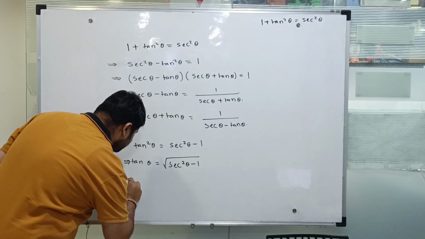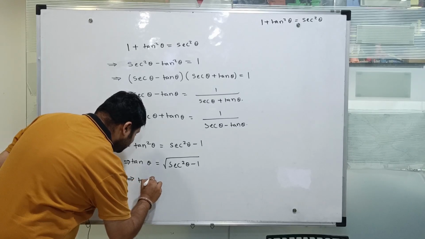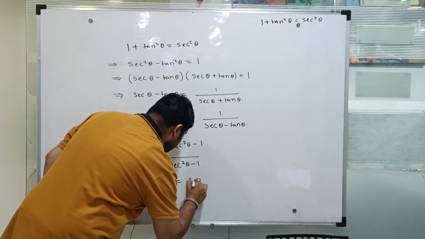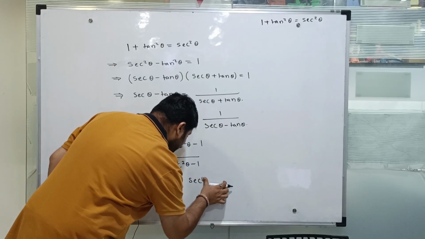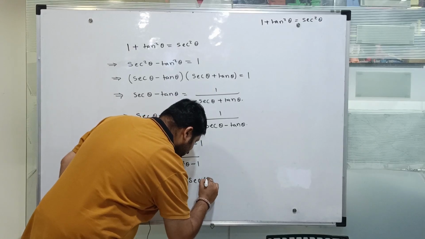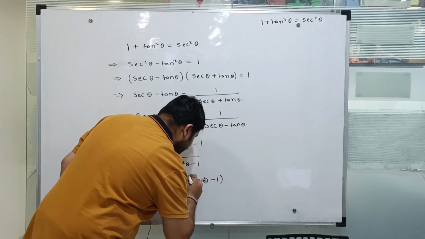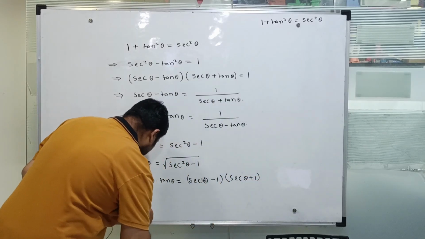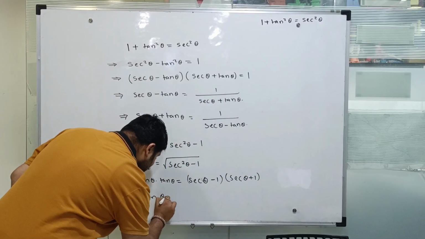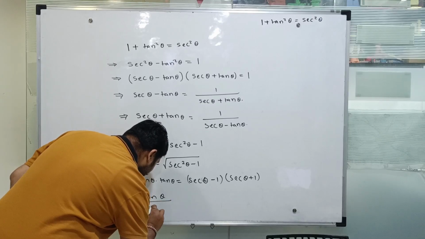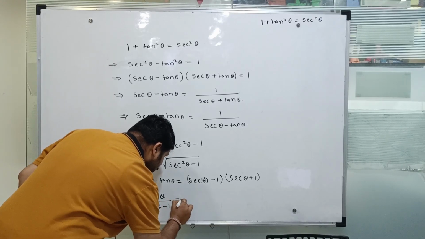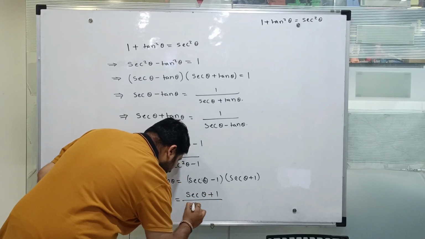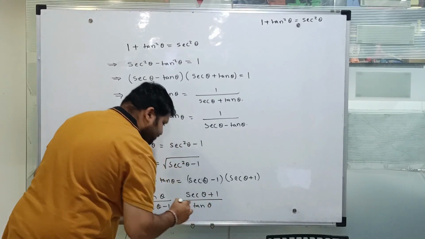We can also write tan theta multiplied by tan theta is equal to sec theta minus 1 times sec theta plus 1, giving us tan theta divided by sec theta minus 1 is equal to sec theta plus 1 upon tan theta.